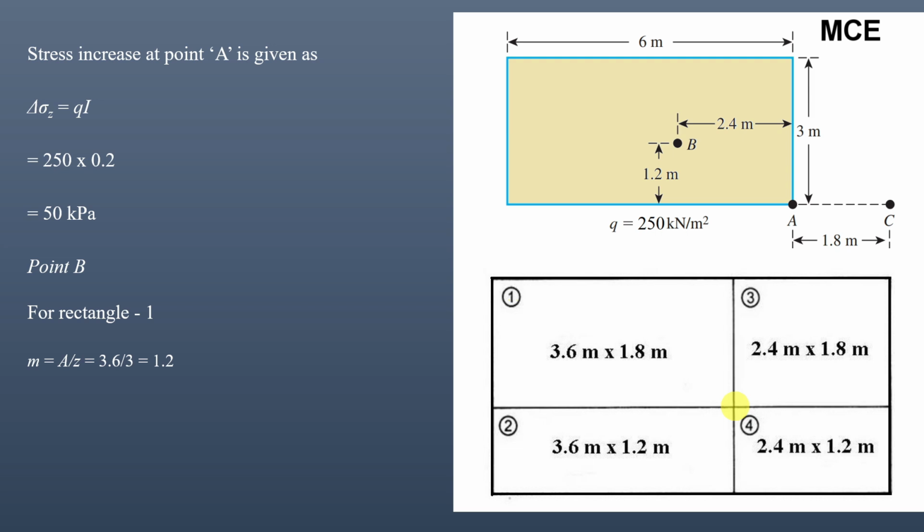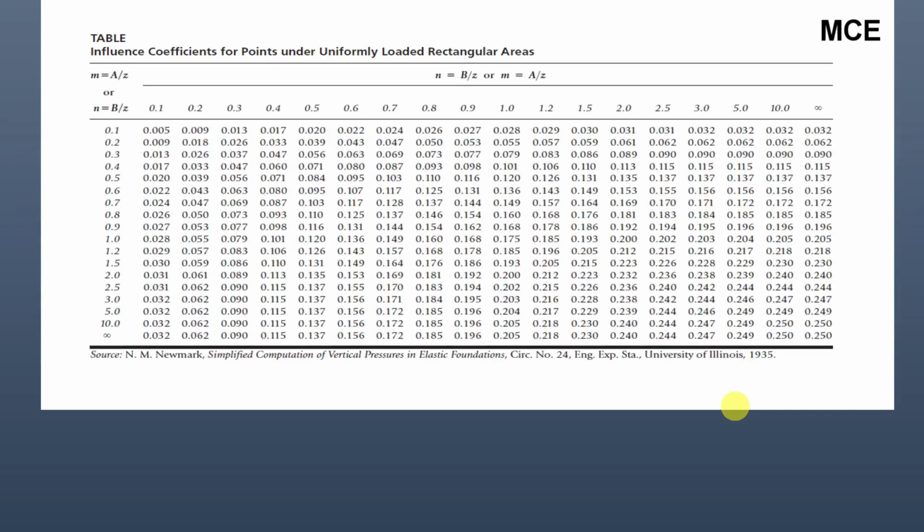So M will be 3.6 divided by 3, as depth Z remains the same, so M is 1.2, and N is 1.8 divided by 3, which is 0.6. Again, you will use the influence coefficient table. Here the value of N is 0.6 and the value of M is 1.2, so the influence coefficient is 0.143.